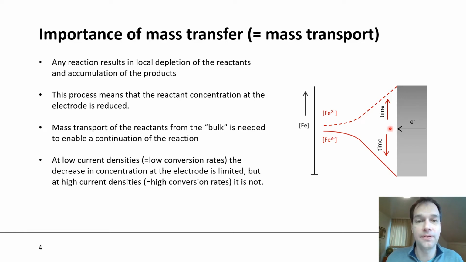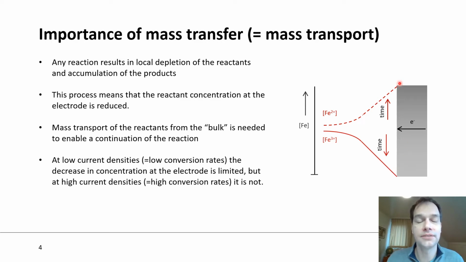Now, in principle, if there would be no mass transfer, then the reaction would quickly stop because iron 3 at the electrode could have completely disappeared. But now mass transfer kicks in. Mass transfer is the process which makes sure that iron 3 from the bulk moves towards the electrode.